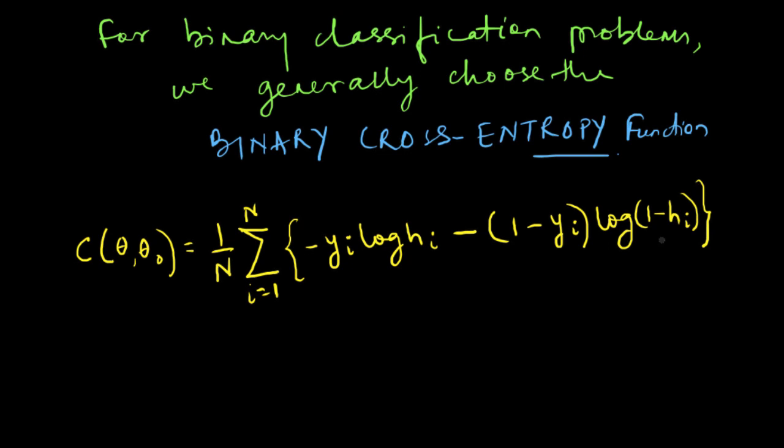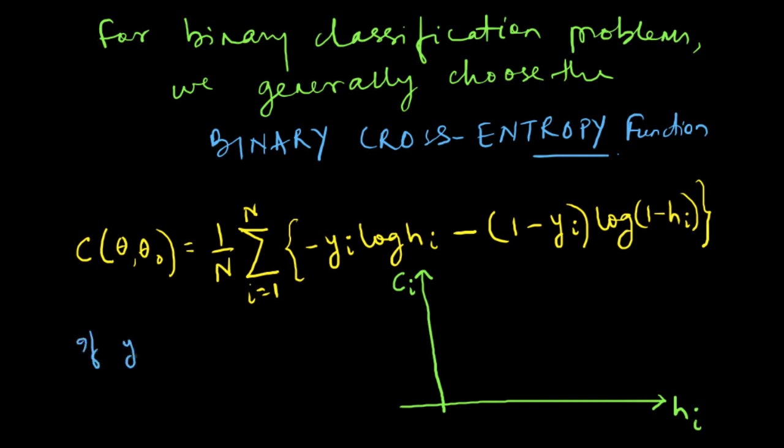Now, just to get some intuitive idea about how this binary cross entropy function helps us in minimizing our loss, let us draw a simple plot. On the x-axis is our hi for a given i, and the y-axis is ci, which is the cost function for a particular i value. Now let's say that your yi is 0.